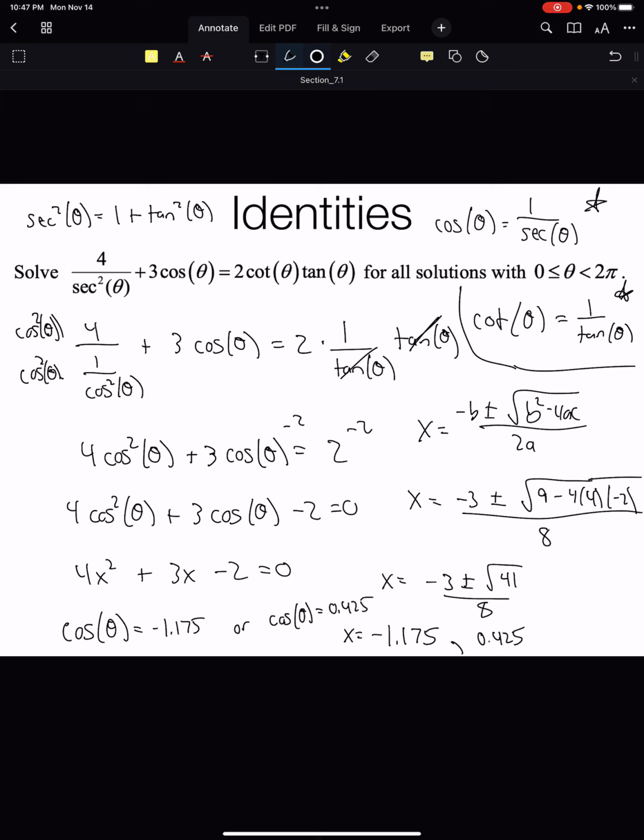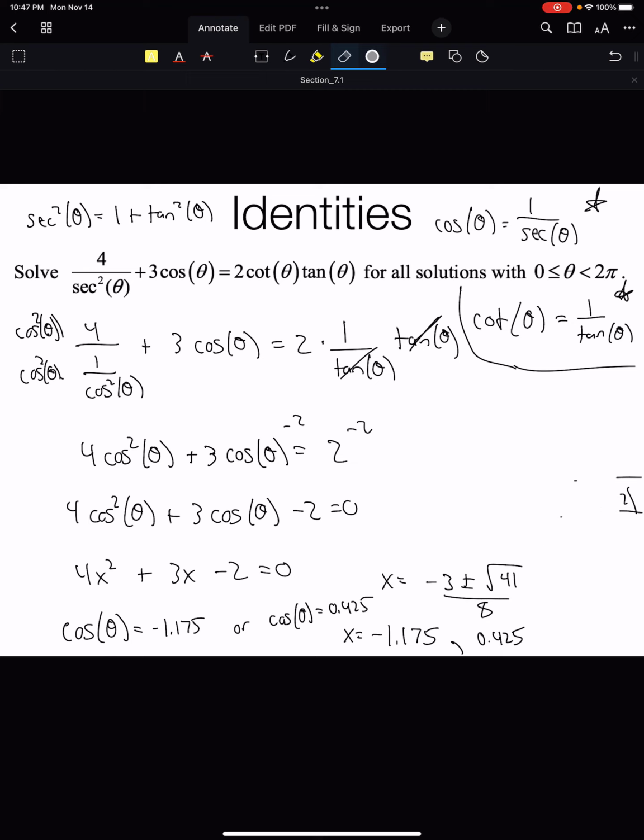Now I'm running out of room here, so I'm going to take away this part. But I want to leave our original values down here. Okay, so we found these values of x.